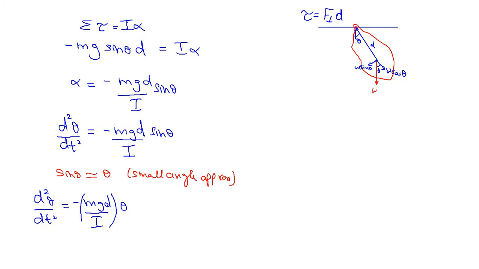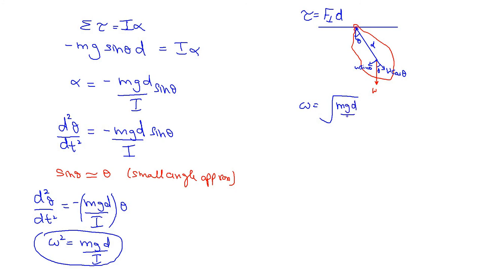So this factor should have units of 1 over second squared, and therefore we'll call it omega squared, mgd divided by I. We can take the square root of that, so omega is the square root of mgd divided by I. The frequency of the physical pendulum would be omega divided by 2 pi, so 1 over 2 pi times the square root of mgd divided by I.